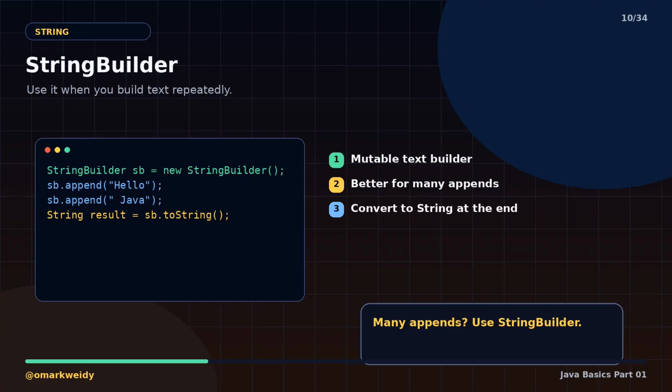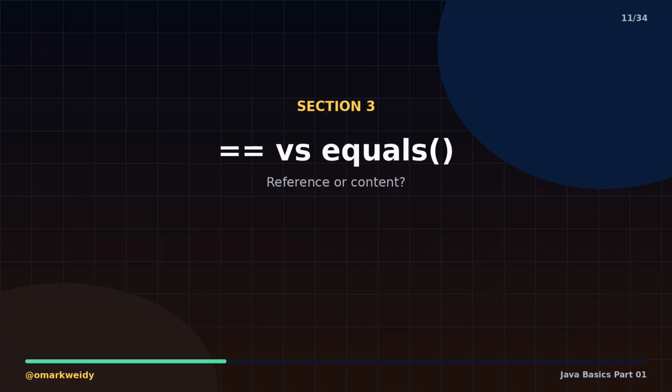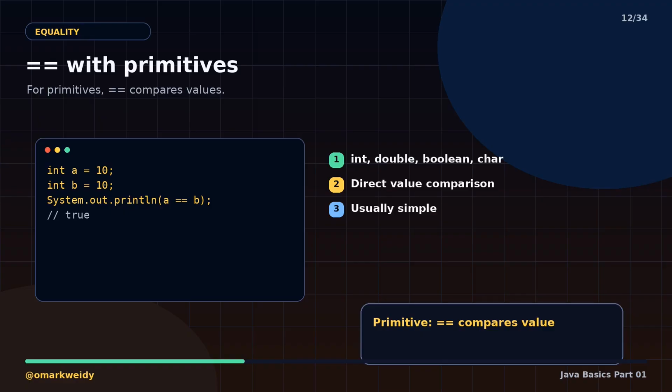Now the famous topic, double equals versus equals. This topic becomes clear when we remember primitive versus reference types. For primitive types, double equals compares the actual value. If int a is 10 and int b is 10, a double equals b is true.